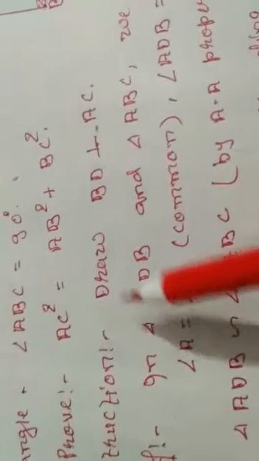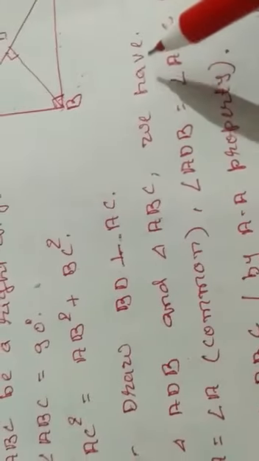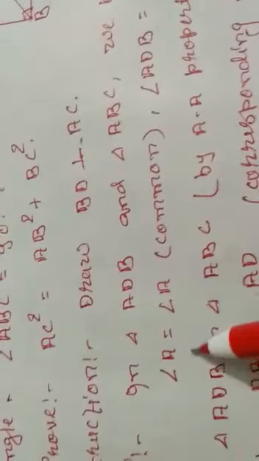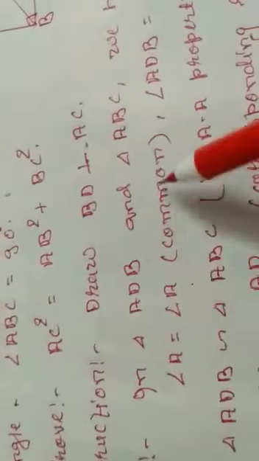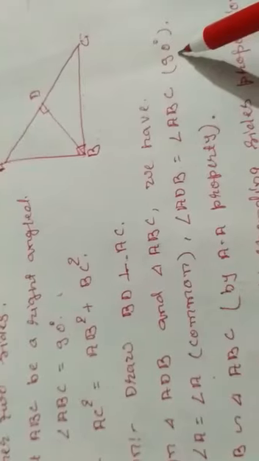In triangle ADB and triangle ABC, we have angle A equals angle A, which is common, and thereafter angle ADB equals angle ABC, that is 90 degrees.